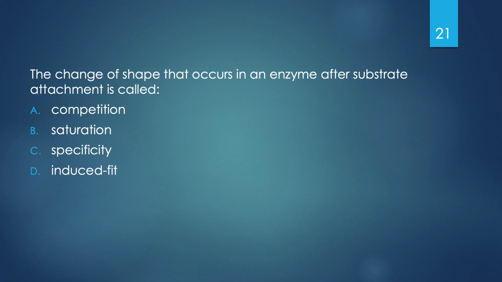But what actually happens when the enzyme changes shape around the substrate that approaches the active site is the induced fit model, which is different than the lock and key model, in which case the shape is exactly the same and the enzyme shape does not change to accommodate the incoming substrate. So the answer is D, induced fit.